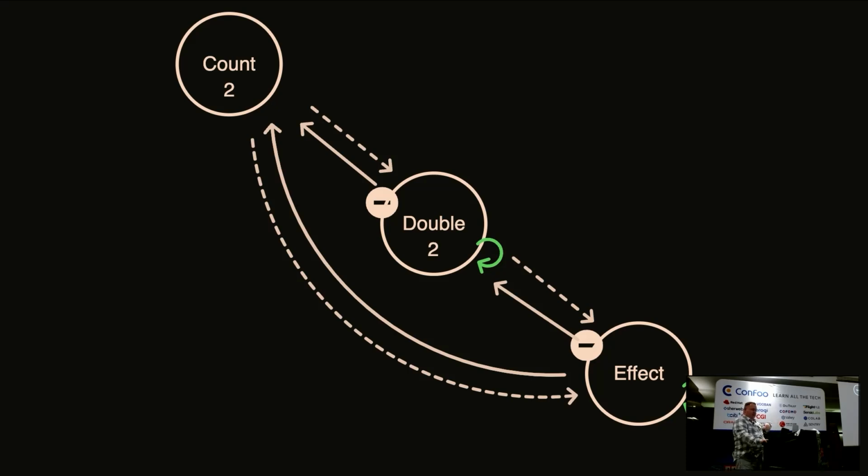Count returns its value, which is 2, which allows double to calculate its value, and it marks itself as clean, but then it marks all of its sinks as dirty. That's the weird one. A computed value will mark all its sinks as dirty. Normally, these will already all be dirty, like in this case, effects are already dirty. But there's an edge case I'm not talking about because I'm simplifying things. In the spec, there's more states than just dirty.